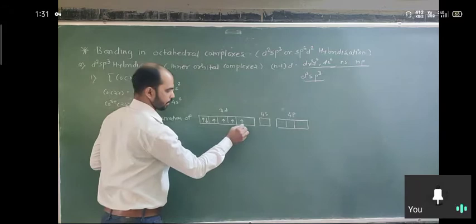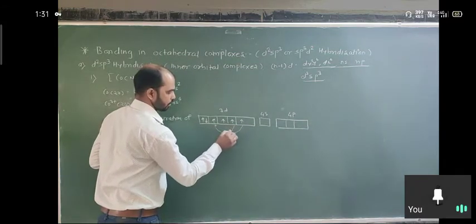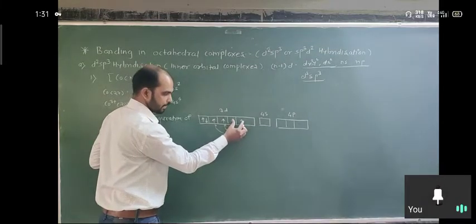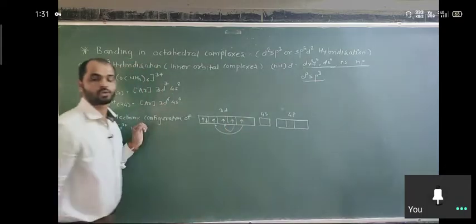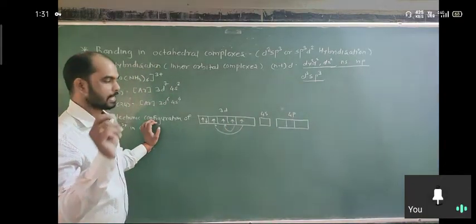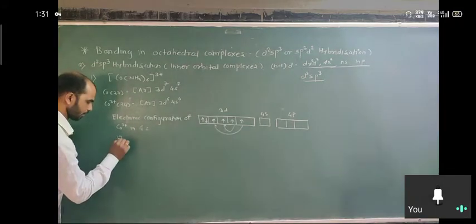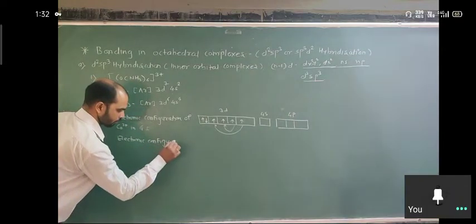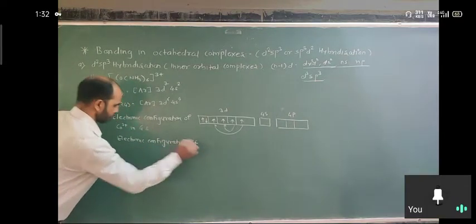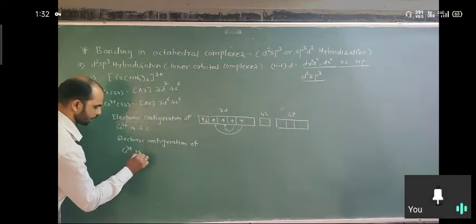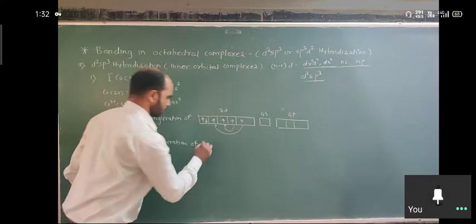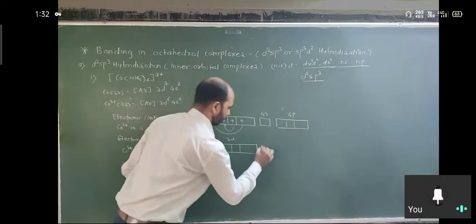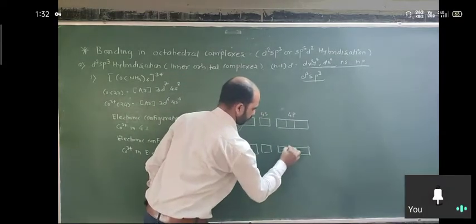So what happens when it goes to the excited state? The electrons pair up. Once they pair, the last two d orbitals become empty and are available to undergo d2sp3 hybridization. So here we write the electronic configuration of Co3+ in the excited state: 3d, 4s, 4p.